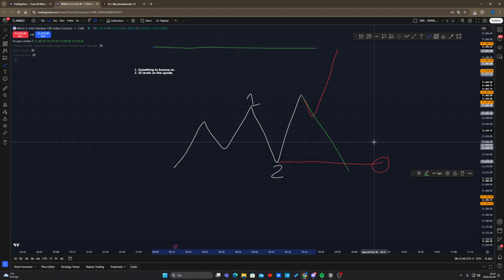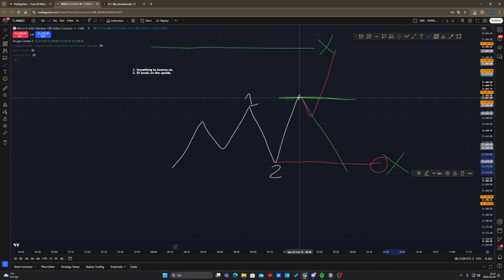And I talked about this the last video as well. Is it really a good idea for us to take a short right in between this level and this level? No, it's a horrible idea because suddenly you're basically now guessing on which way price is going to go.